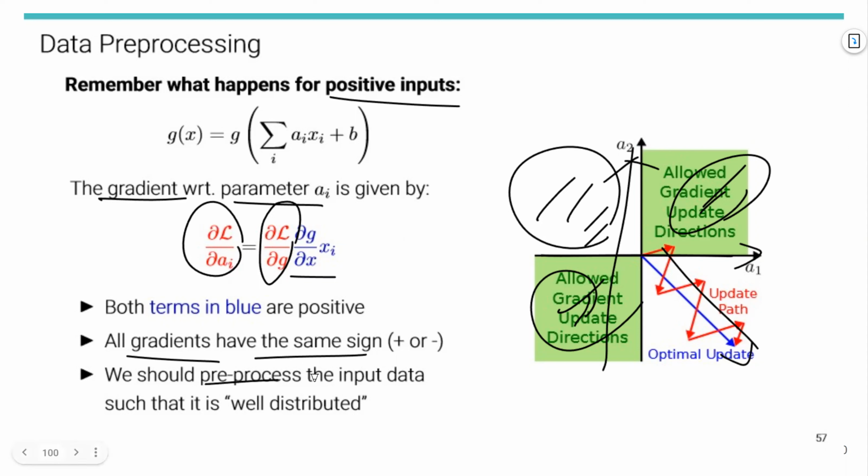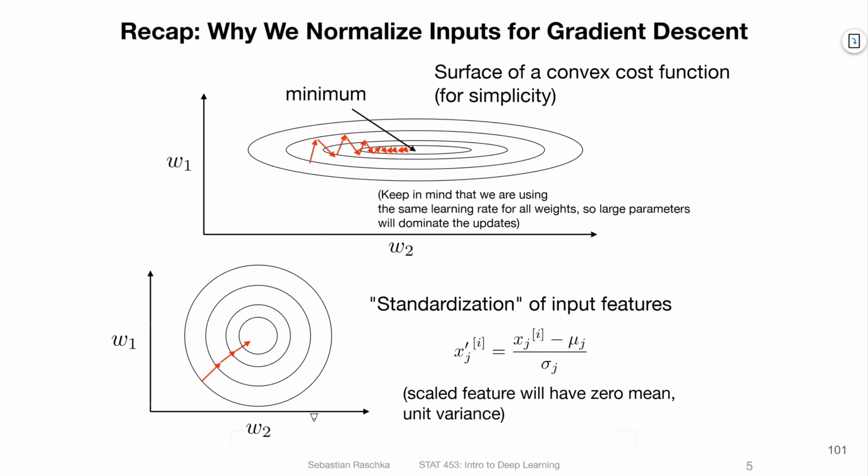Therefore, we should preprocess our input data such that it is well distributed. That's the motivation of data preprocessing. And we also saw that when the data distribution is quite different in each dimension, then it's quite hard to perform optimization.